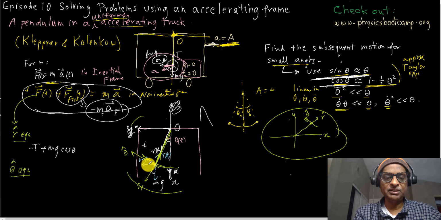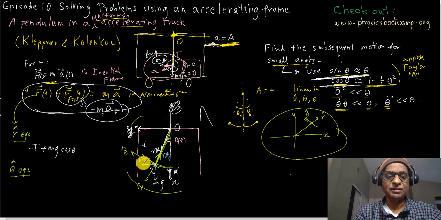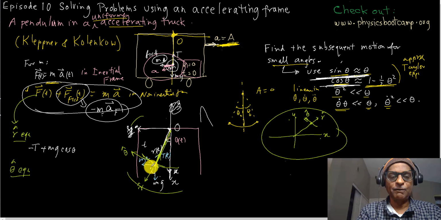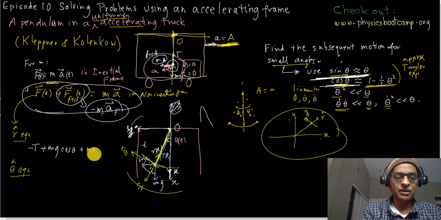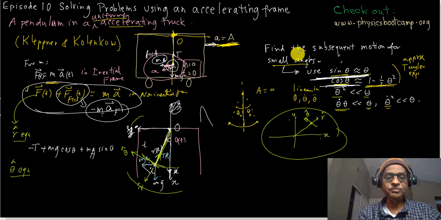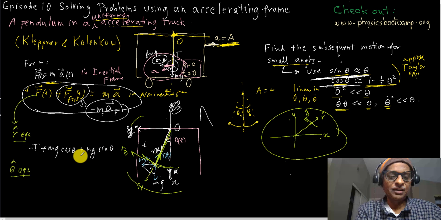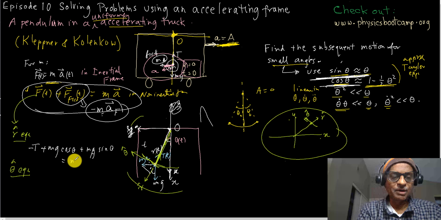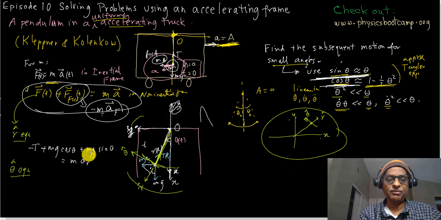And how about this one? So this is theta, then this is 90 minus theta, then this is theta. So this would be sine theta, and it's going to be on the positive side, plus ma sine theta. a is the acceleration of the frame itself. On the other side is going to be mass times a sub r.